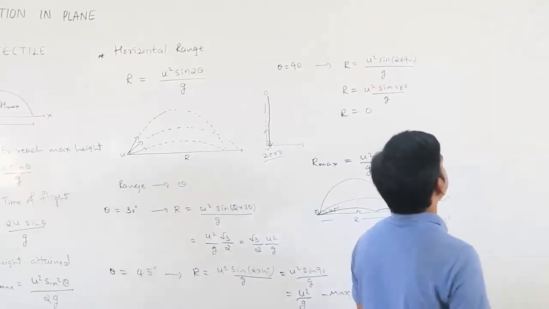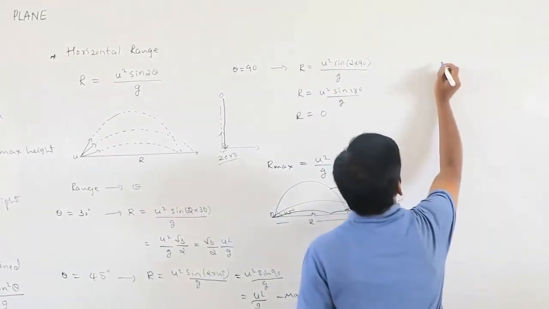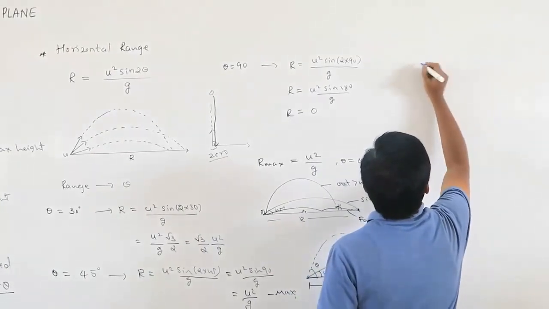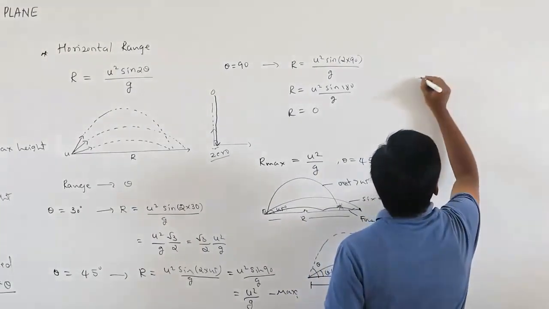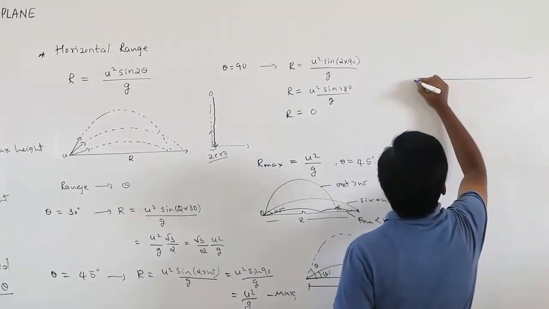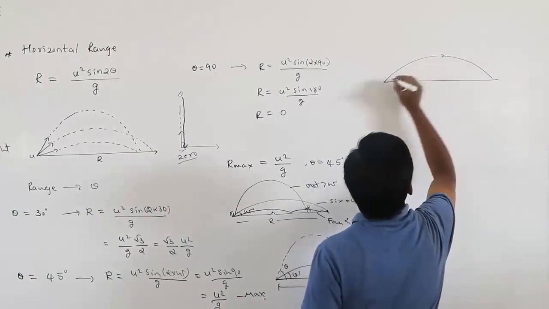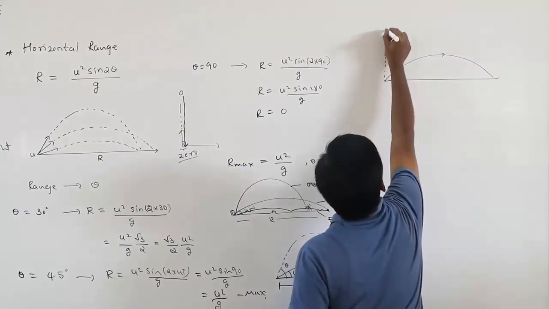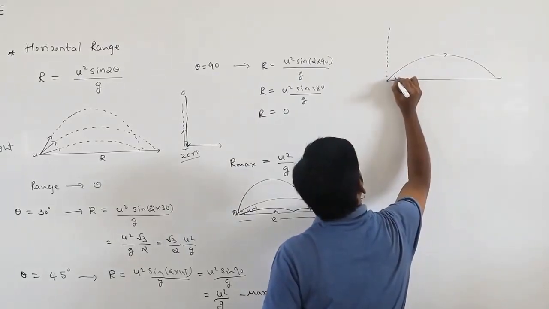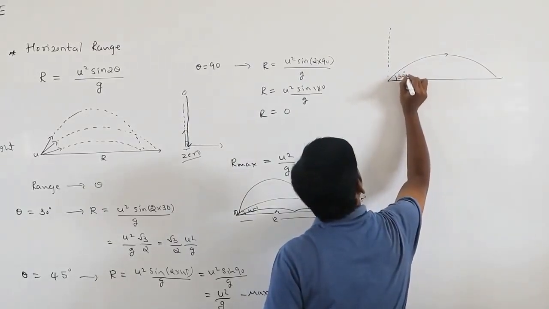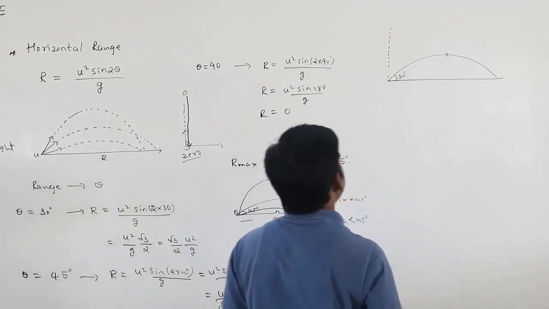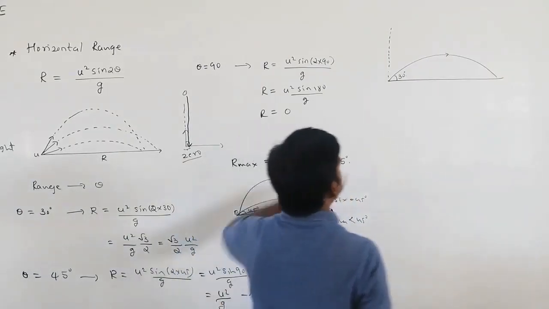Suppose this is the projectile, and I take an angle, say 30 degree. What will happen if I take 30 degree?